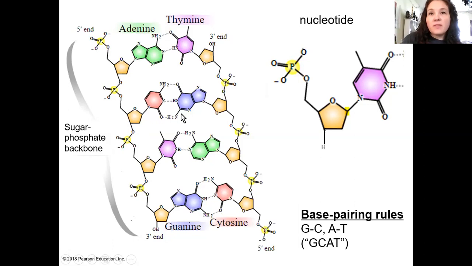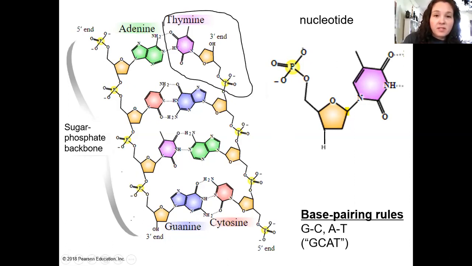Those are weak. And this is important because when it's time for the cell to access the genetic code, it's going to have to open up the DNA molecule, and it can very easily unzip the DNA molecule on the inside by breaking these weak hydrogen bonds. But the DNA sides, either side, will hold together because of the really strong covalent bonds on the sugar phosphate backbone.